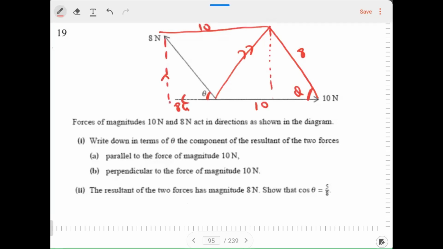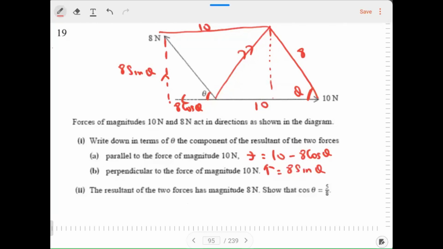This is 8 cos theta, this is 8 sin theta. Are you all with me? Parallel to 10 newtons, 10 minus 8 cos theta. Perpendicular to 10 newtons is 8 sin theta.